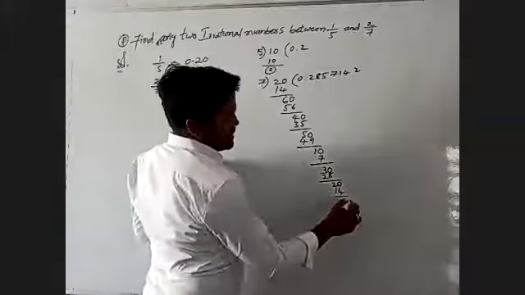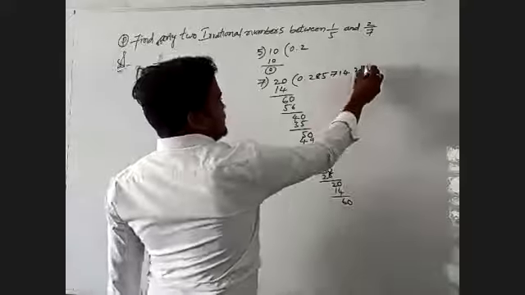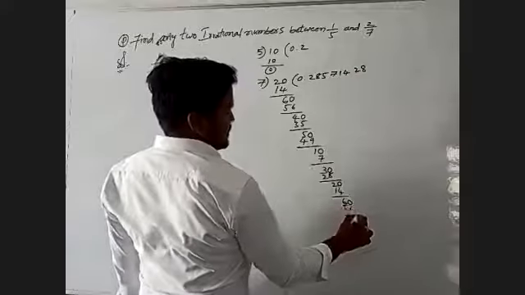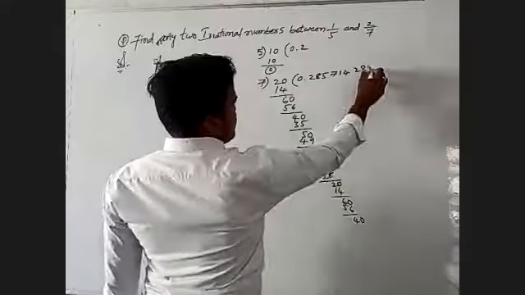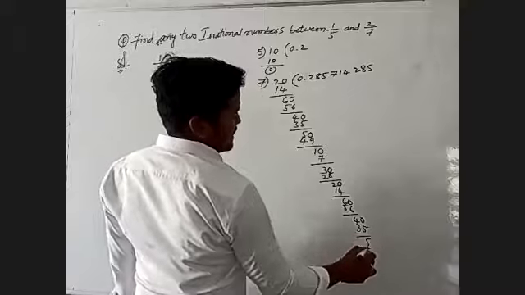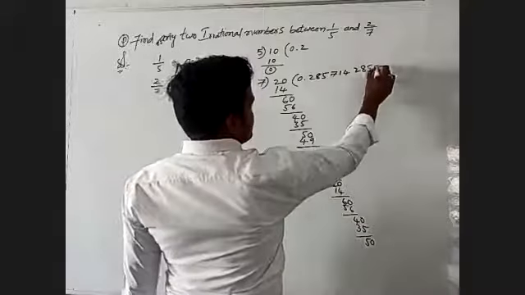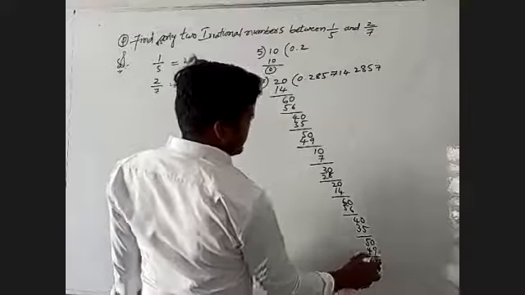We take 0. Again 7 eights are 56, the remainder is 4. After that 0, 7 fives are 35, the remainder is 5. After that 0, 7 sevens are 49, and the remainder is 1.